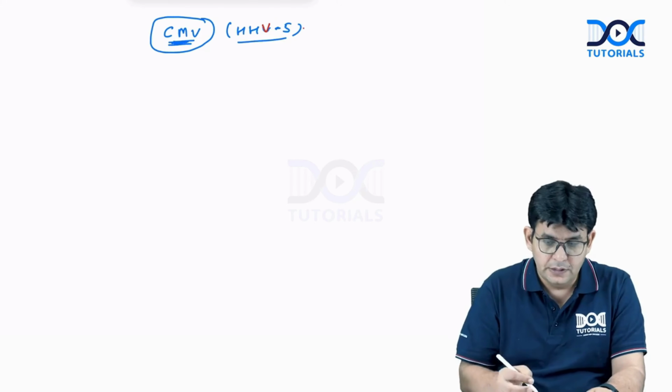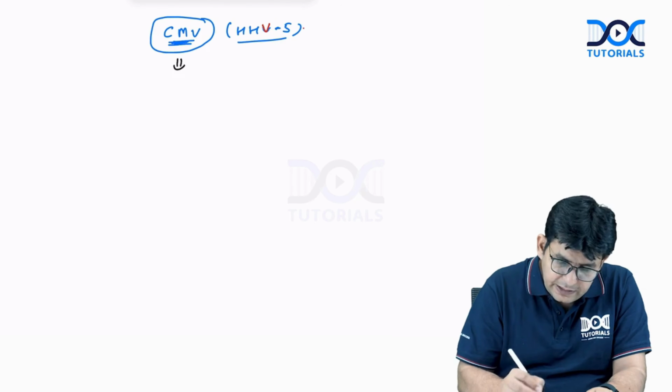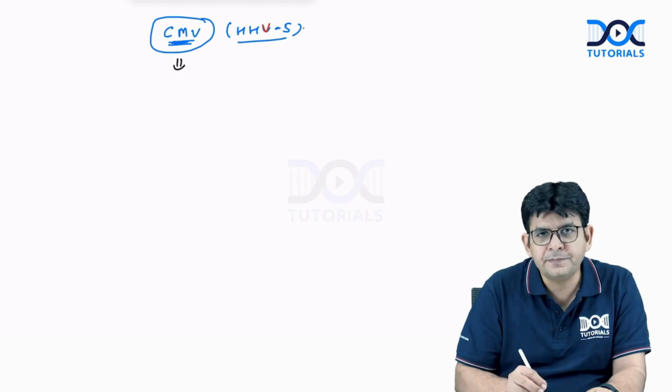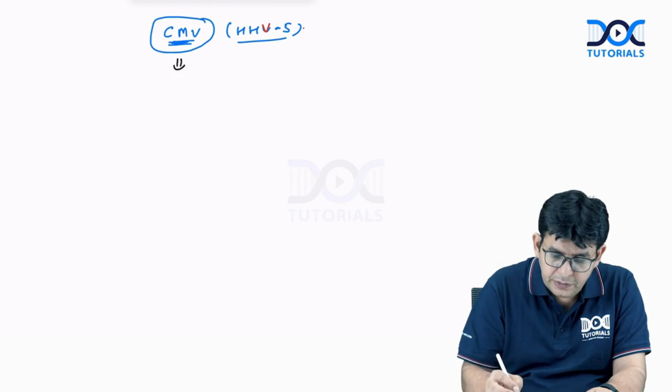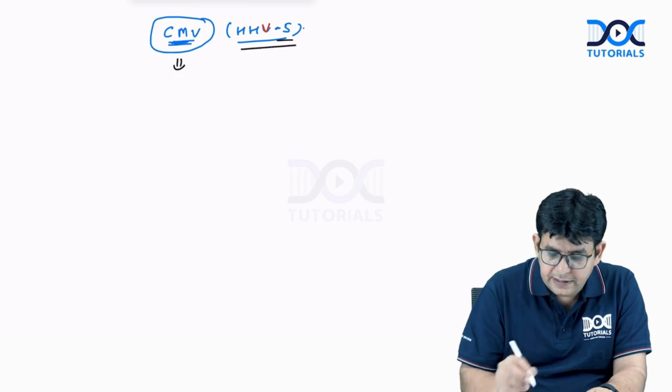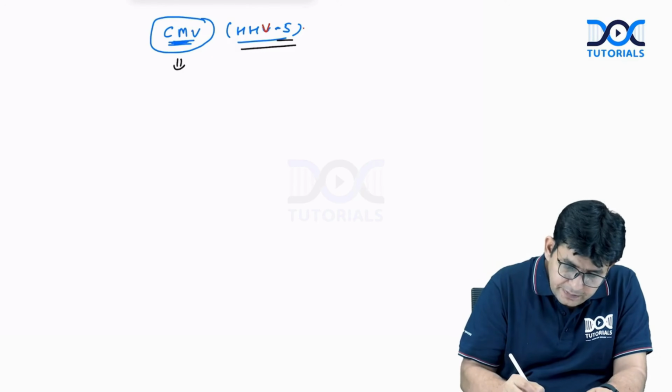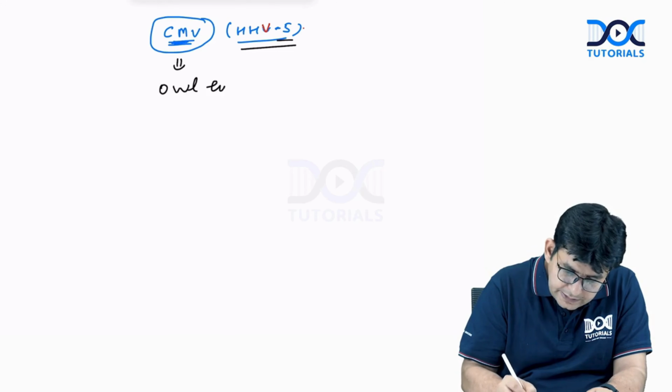Is it fine? So this particular CMV, cytomegalovirus, which is also termed as HHV5, important to know is that the cytomegalovirus characteristically produces an appearance that is termed as owl eye appearance of infected cell.